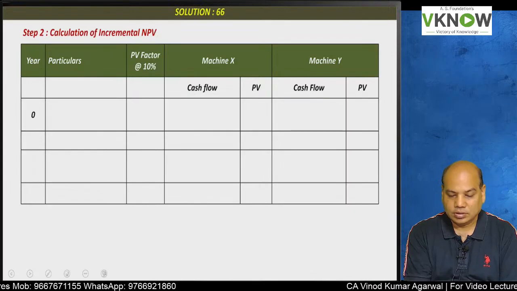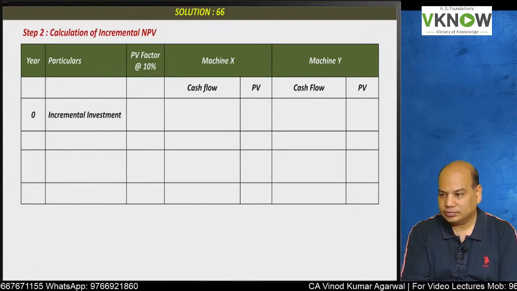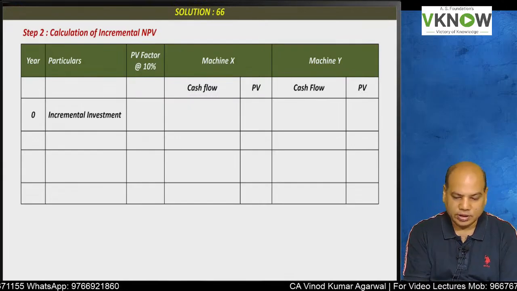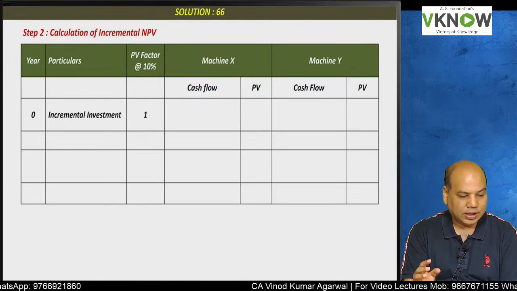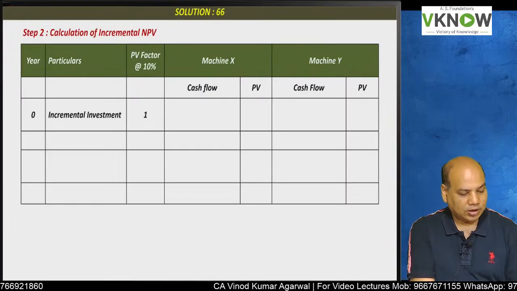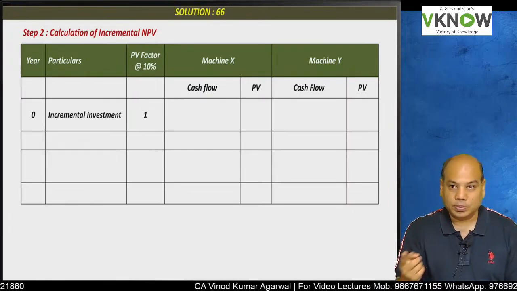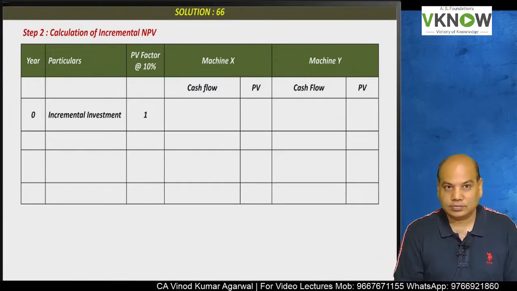Yes, year 0, incremental investment we will write. If I buy machine X, I'll incur 1,80,000, but then I will sell the old machine for 1,10,000.